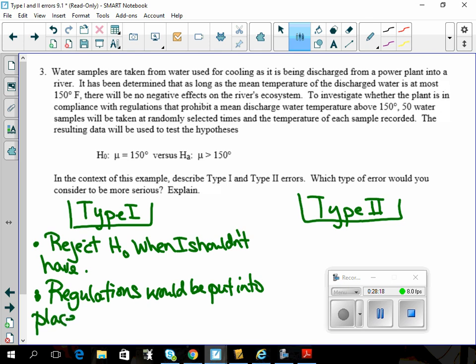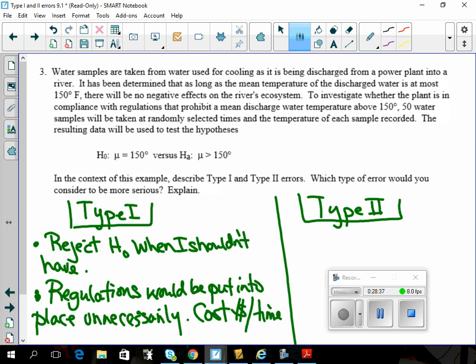So they would be put into place unnecessarily. And I would say it would cost money. Would you agree with that? Money and time, I would agree with that too. All right, so money and time are spent unnecessarily. The unnecessarily is the key word there.